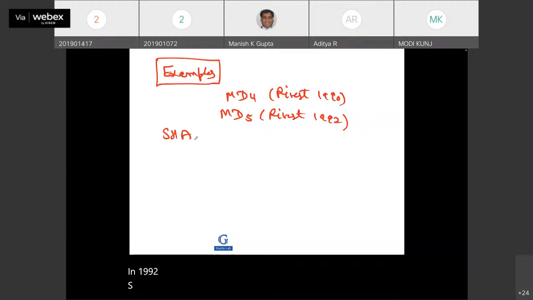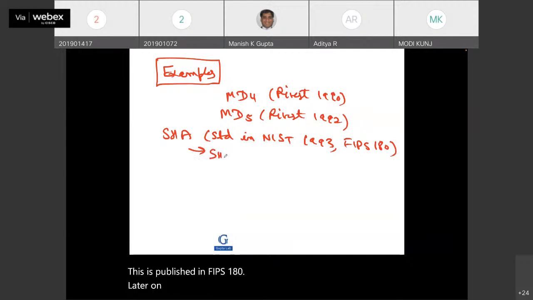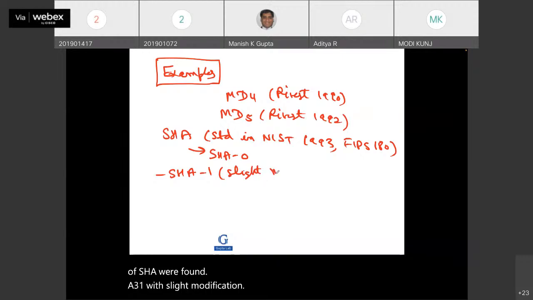SHA stands for secure hash algorithm. Okay, so this is a standard by NIST in 1993, published in FIPS 180. Later on, this was also known as SHA-0 because then more versions of SHA were found, like SHA-1 with slight modification, in 1995.